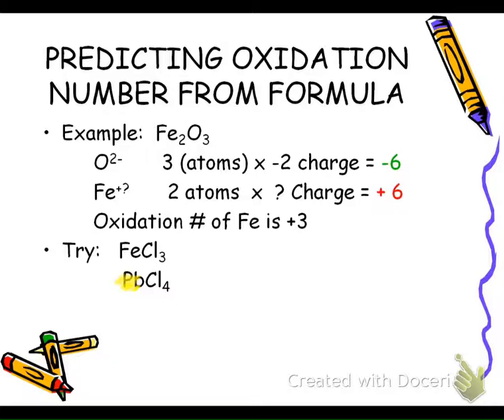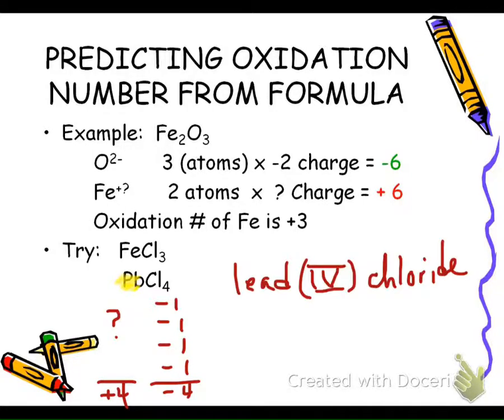So again, start with your anion to figure out the charge. Chlorides add up to a -4 because I have 4 of them. There's only 1 lead. Lead must have a +4 charge, so my name would be lead, Roman numeral 4, chloride. A reminder, the Roman numeral equals the charge, not the subscript.